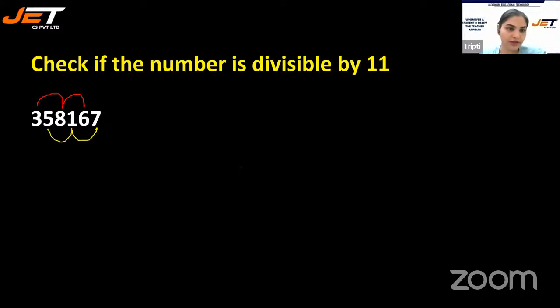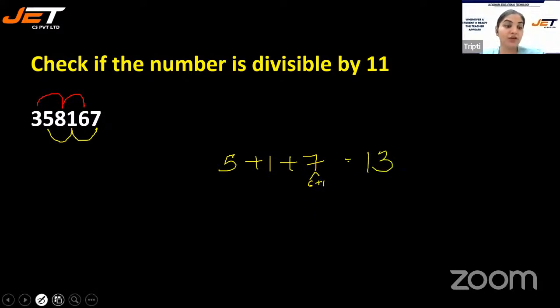So over here, for the even places, 5 plus 1 plus 7, which is equal to, see, 5 plus 1 is 6. 6 plus 7. 7 can be written as 6 plus 1. So I can say the double of 6. 5 plus 1 is 6. 6 plus 6, 12 plus 1, 13. That's how I add. And if you use this method, you will be able to add quickly.